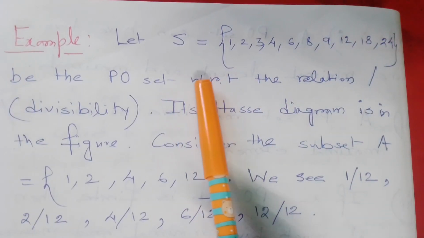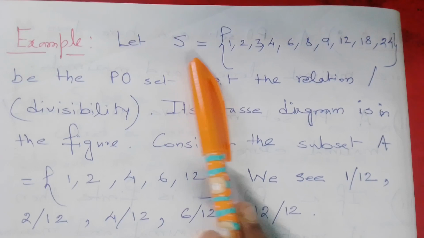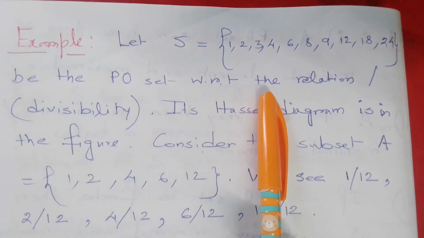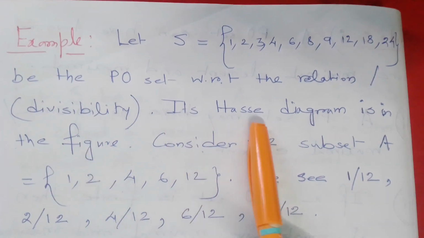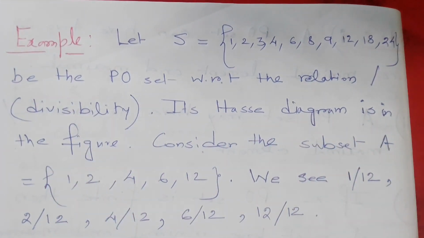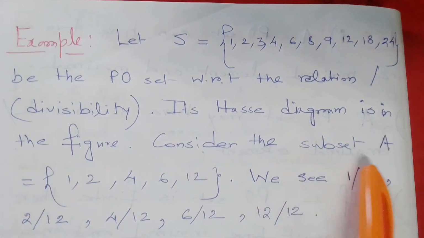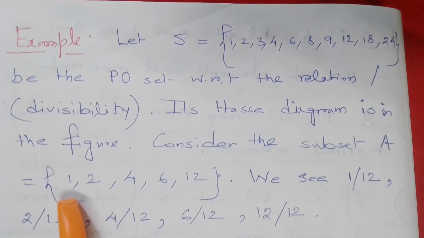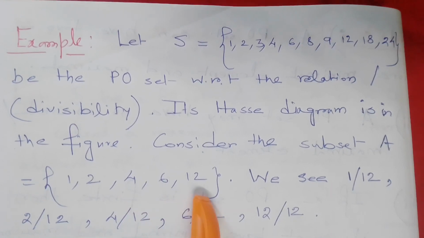Now if we consider this example, S consists of these elements and is a POSET with respect to the divisibility relation. Its Hasse diagram is in the figure we have seen. Consider the subset A, where A consists of 1, 2, 4, 6, 12.